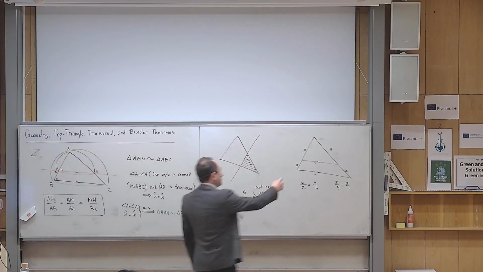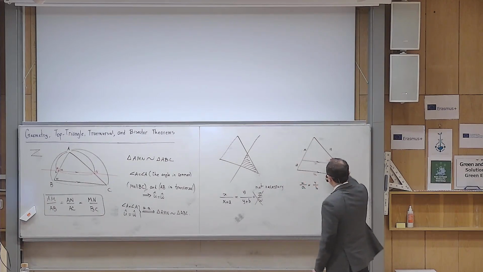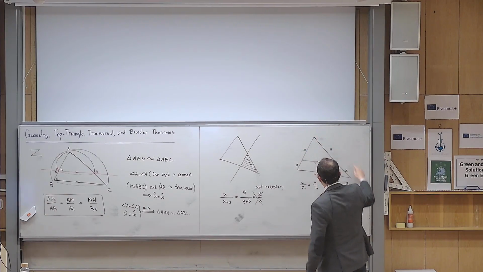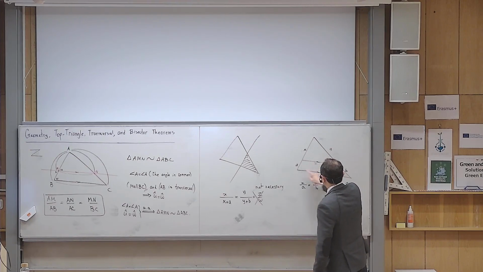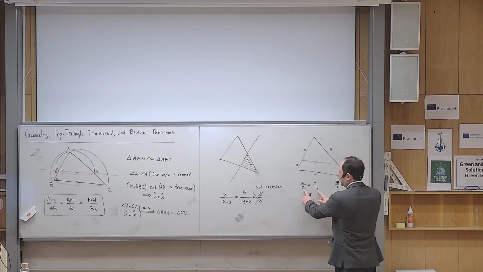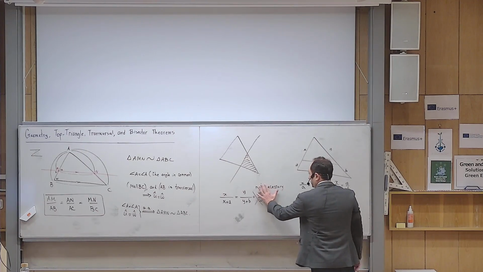Because this one is parallel to this one, I can write this to the whole length is equal to this to the whole length. If I want, I can continue and write this to this. In this problem, because my goal is to prove this, I don't bother to write this even though it is correct. I don't need it.